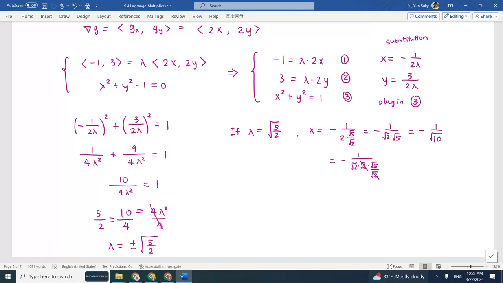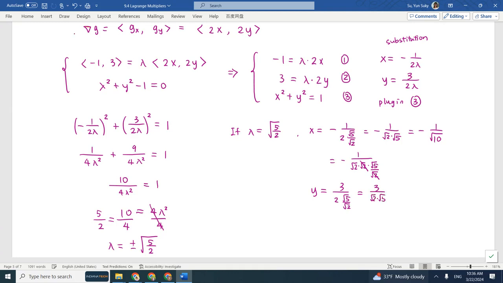Then what is y? So y is 3 over 2 lambda, and lambda is again square root of 5 over square root of 2. Can we cancel the 2 and square root of 2?